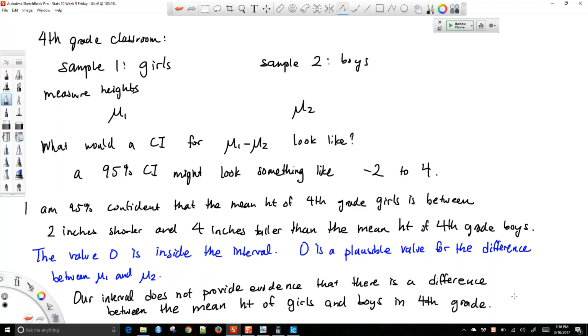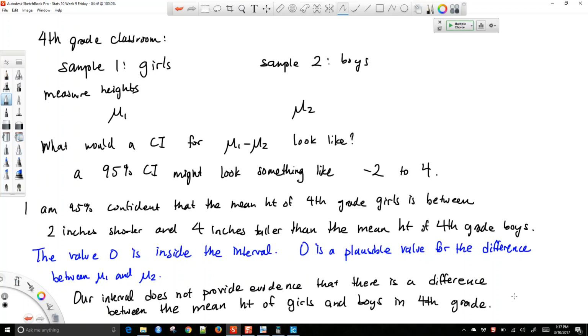All we can say is, could the quantity be 0? We're saying 0 is a plausible value. And if 0 is a plausible value, then that means we don't have evidence that there is a difference. That's great. And so this is the confidence interval for the difference mu1 minus mu2.